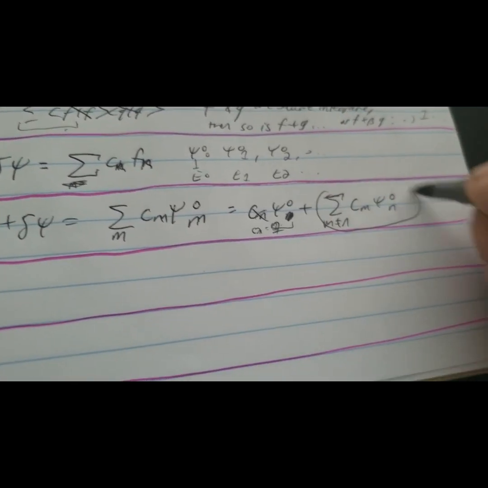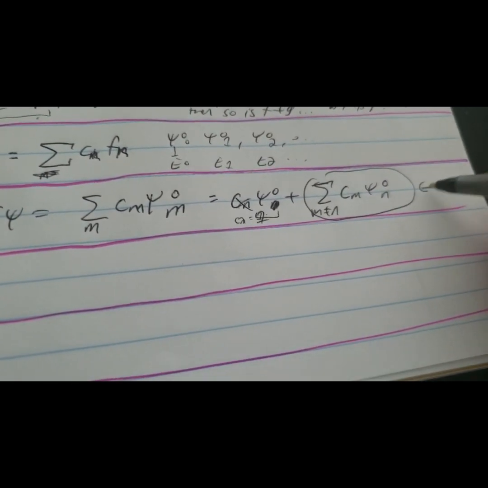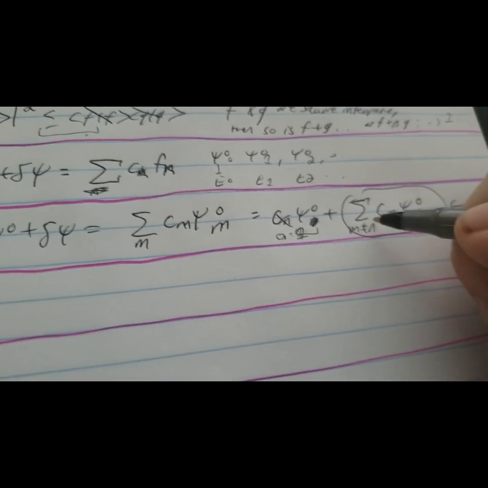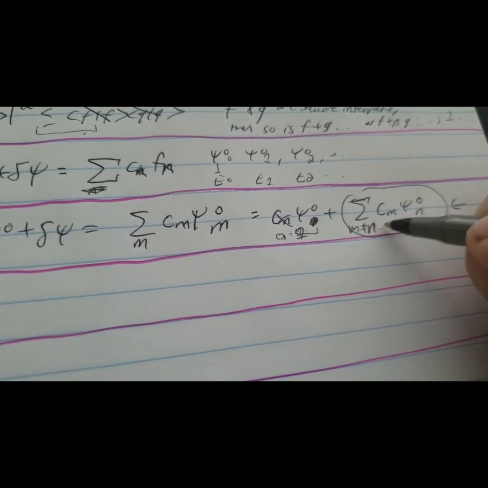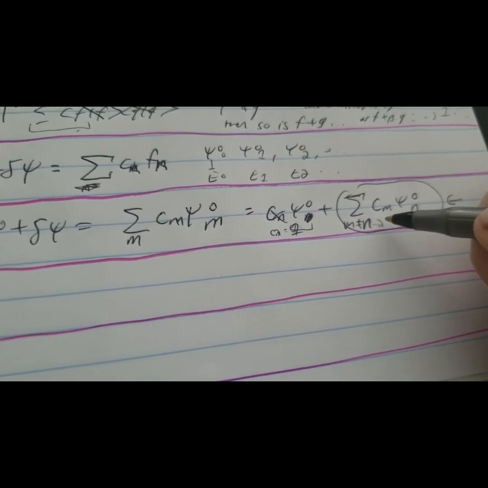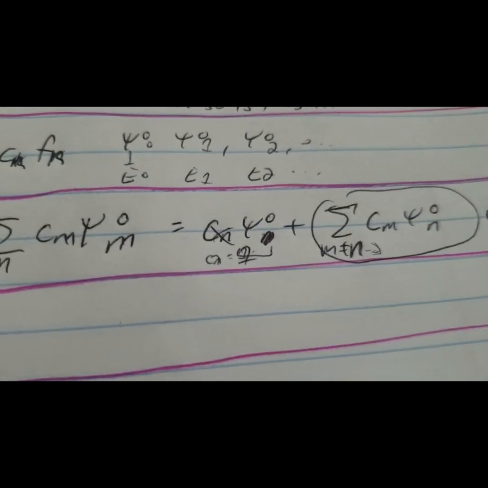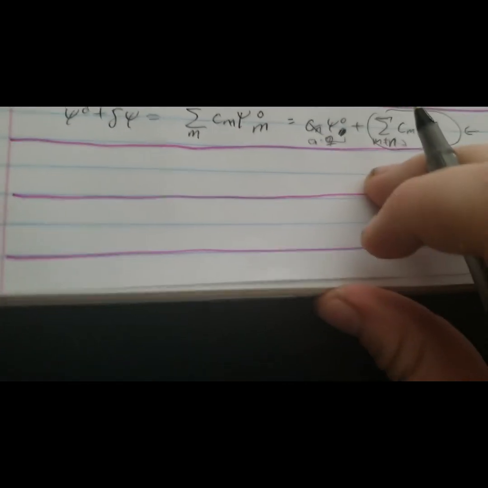Meaning that we can represent our unperturbed wave function like this, where you sum over all the unperturbed states minus the actual unperturbed state. And that's a helpful trick for what follows.